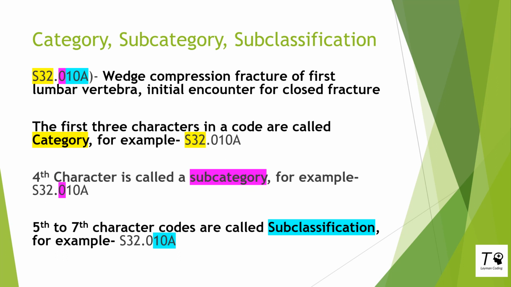Now you might have a question, why do we need to learn category, subcategory, subclassification? When you search a code in the alphabetical and tabular list, the information about category, subcategory, subclassification will help you to search accurately.